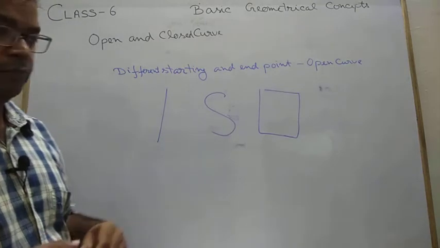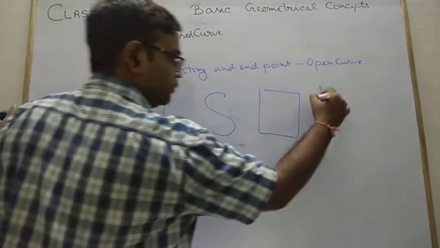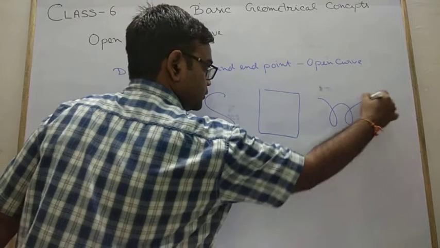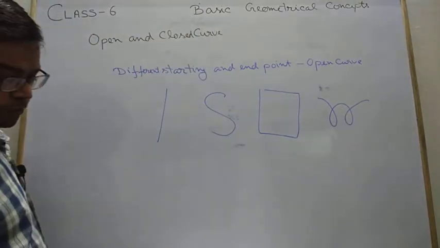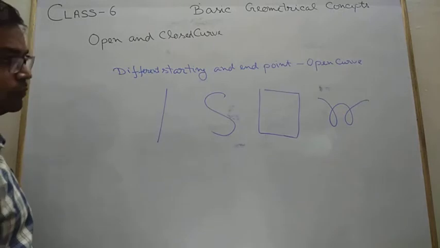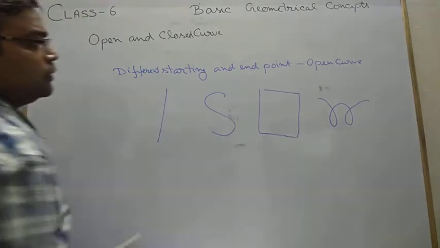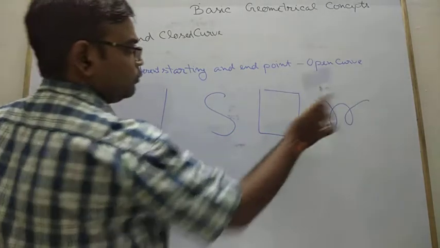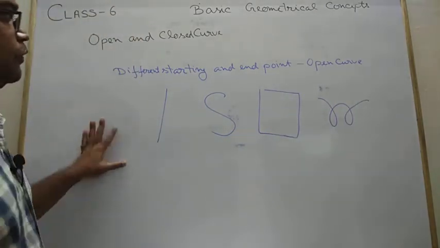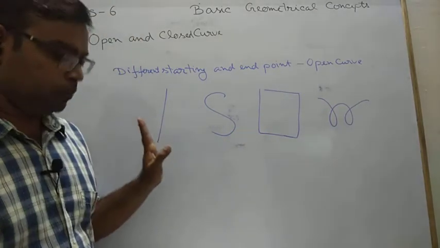This is an open curve. If we draw the line likewise, this is a type of curve, and this is an open curve because it has different points. Clear? The initial point and final point are different, so they are open curves.